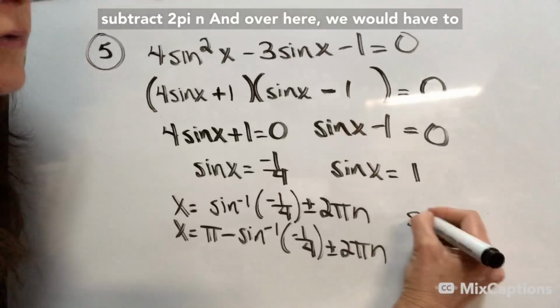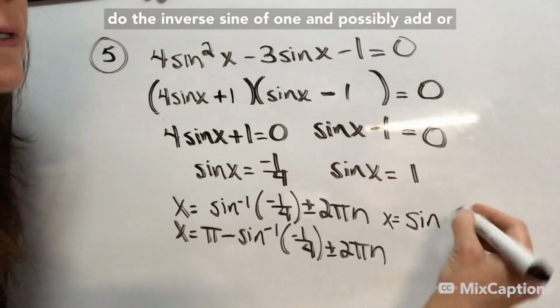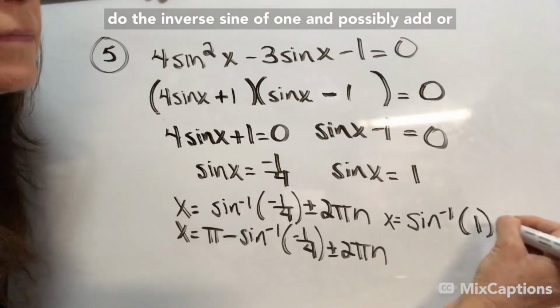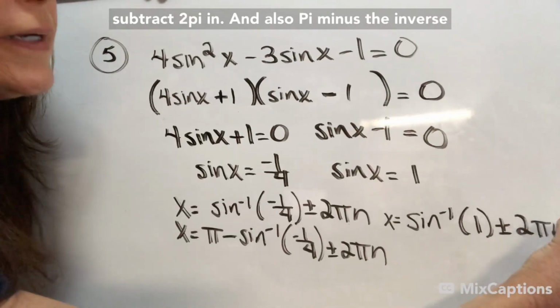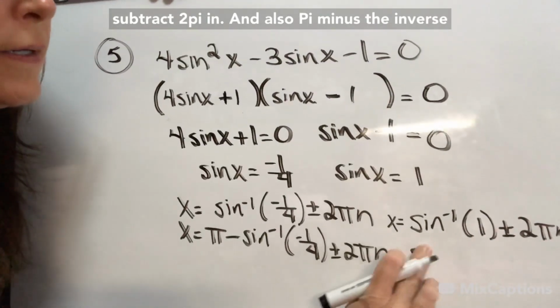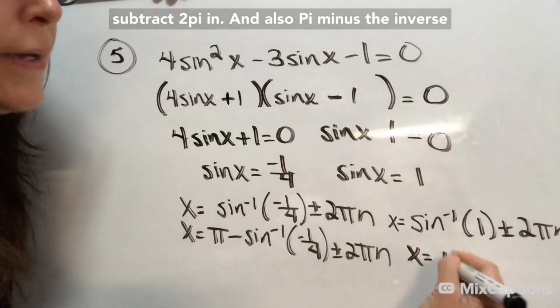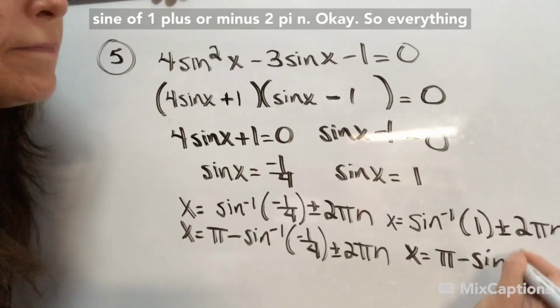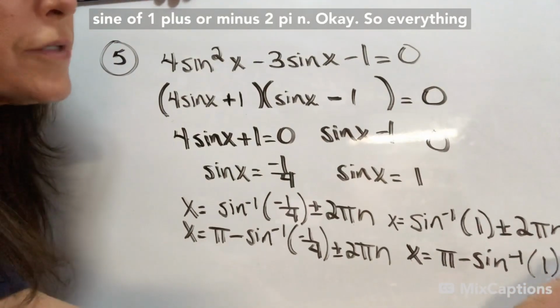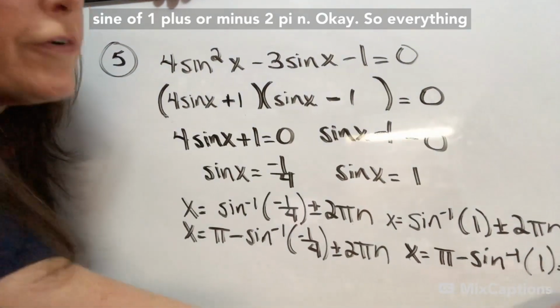And over here, we would have to do the inverse sine of 1 and possibly add or subtract 2 pi n. And also pi minus the inverse sine of 1 plus or minus 2 pi n. Okay, so everything is set up now.